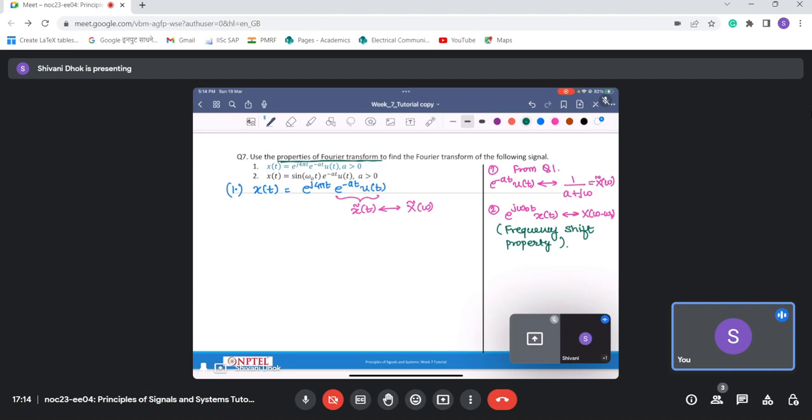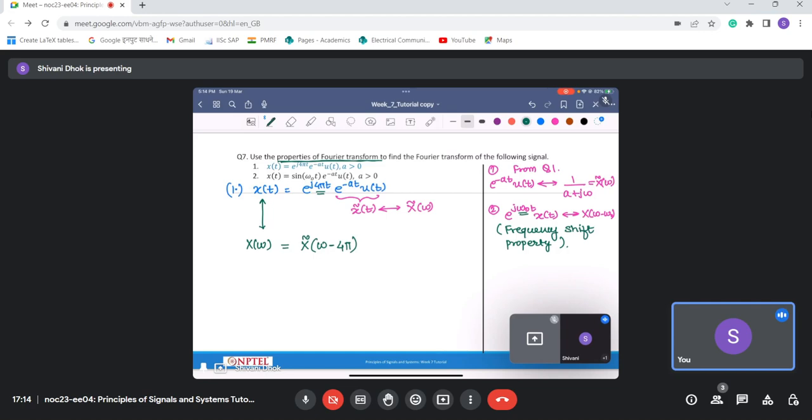Then using this shift in frequency property, the Fourier transform of this x of t, which is X of omega, is equal to x tilde of omega minus omega naught, and here if I compare, this omega naught is simply 4 pi, so omega minus 4 pi.